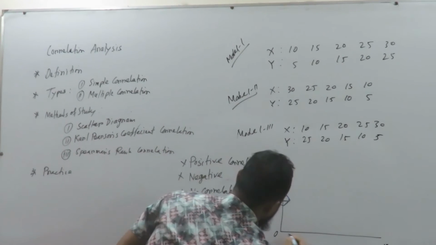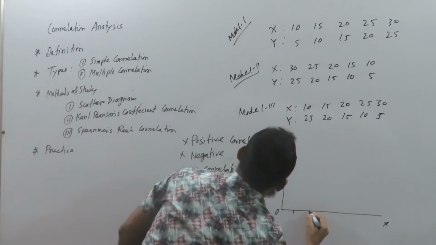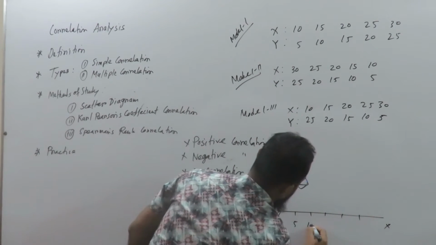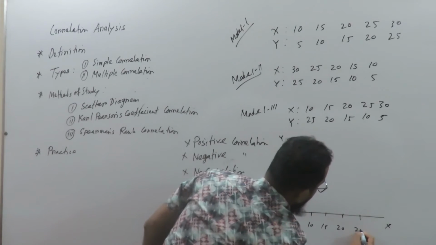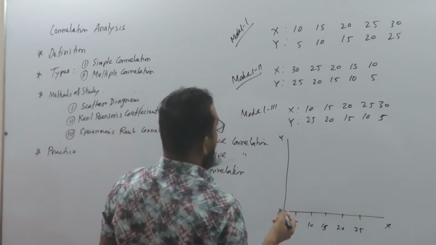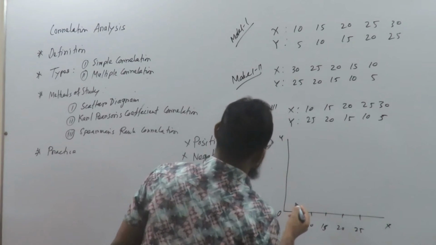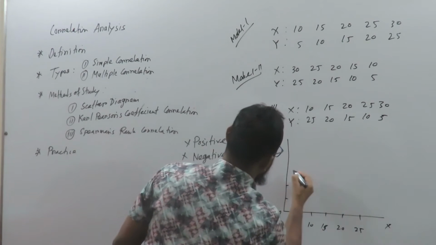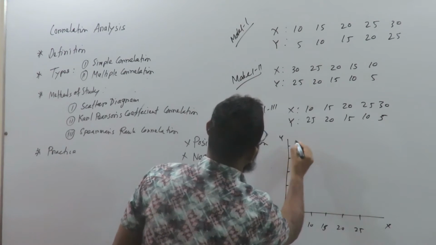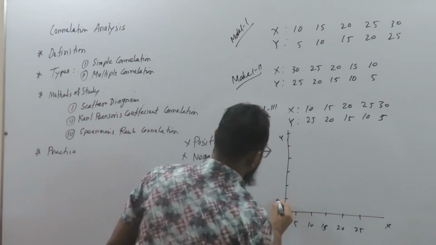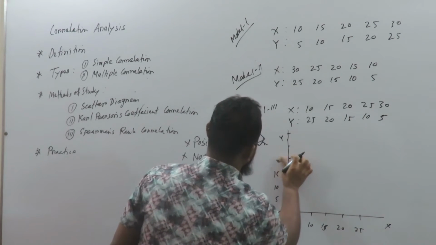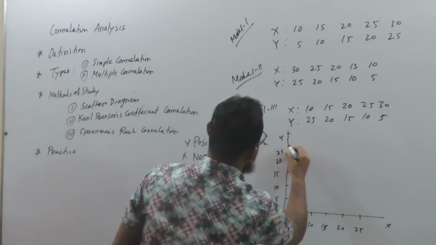The minimum value is 5: 0 to 5, 10, 15, 20 and 25 on the x-axis. On the y-axis again 5, 10, 15, 20, 25, finally 30.